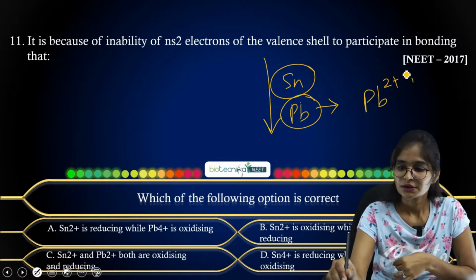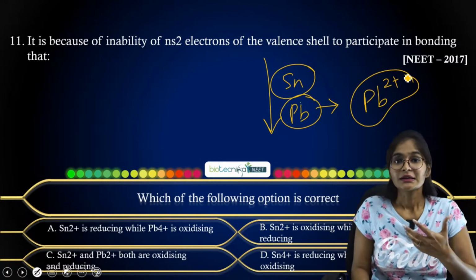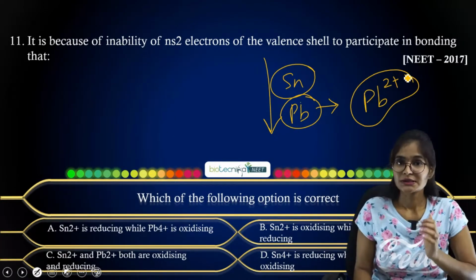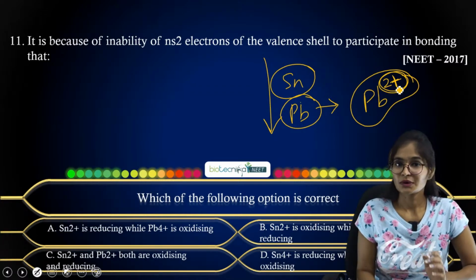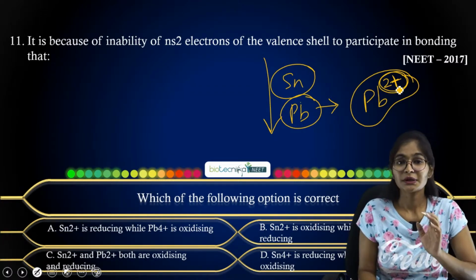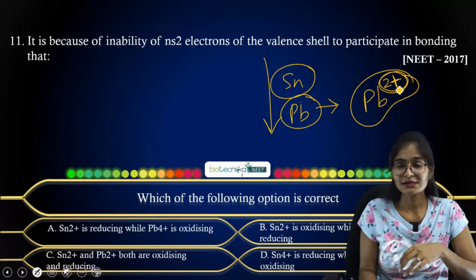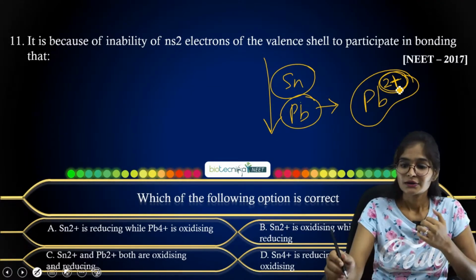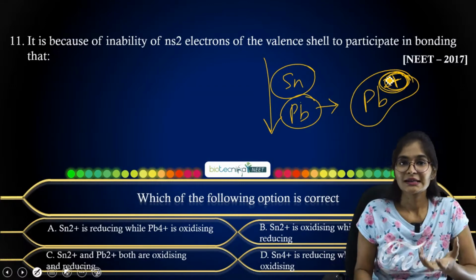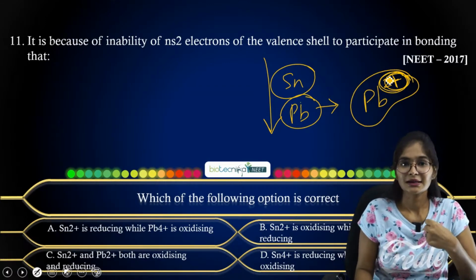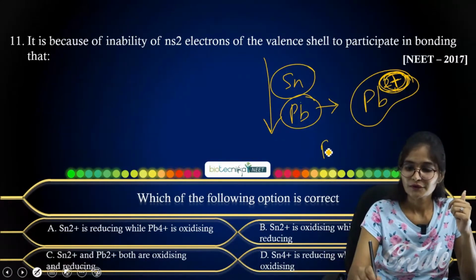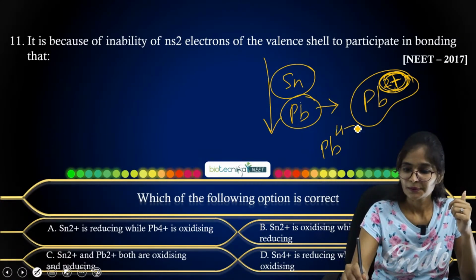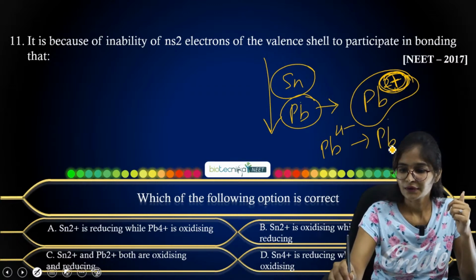The stability of lead depends upon its +2 oxidation state. In option A, Pb4+ is oxidizing, in the sense it is gaining electrons and is converted to +2, so Pb2+ you have.